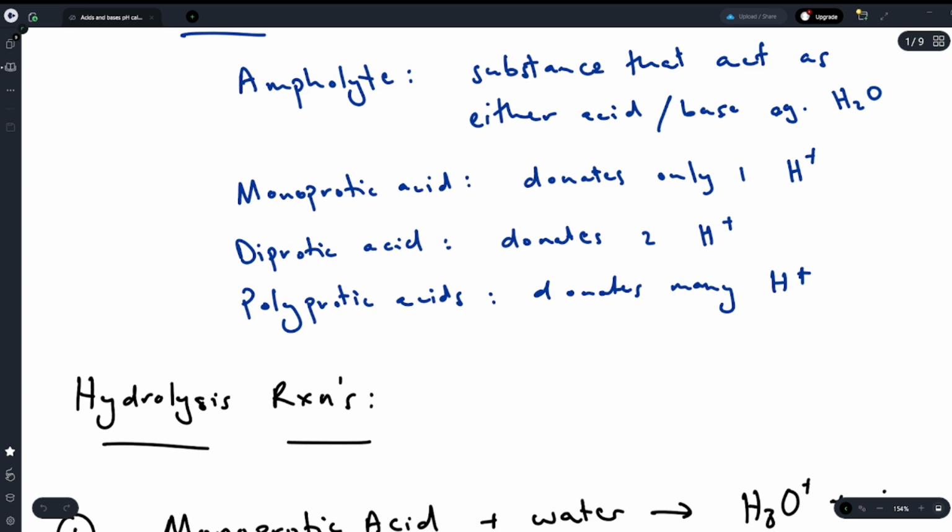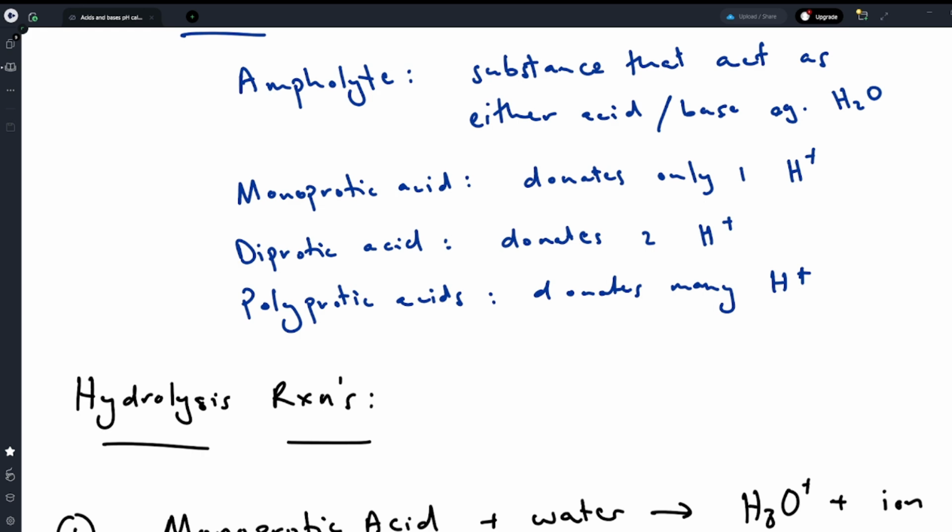But we must notice that there's a long way of doing a pH calculation, and there's a shorter way of doing it. The shorter way requires us to know these definitions. Acids will help us to do our pH calculation in a much quicker manner.